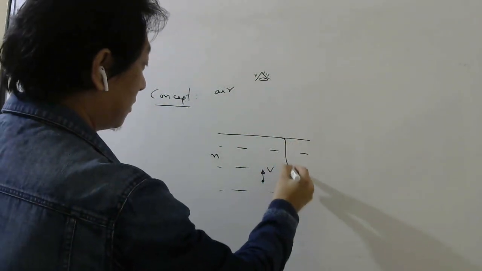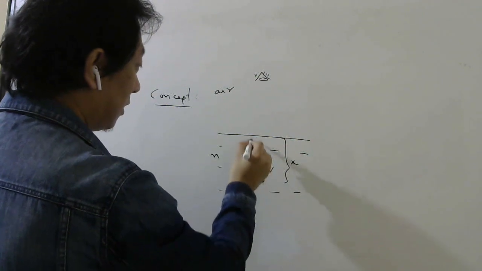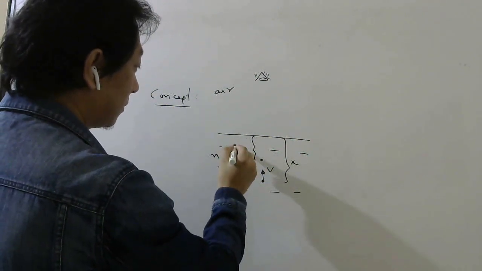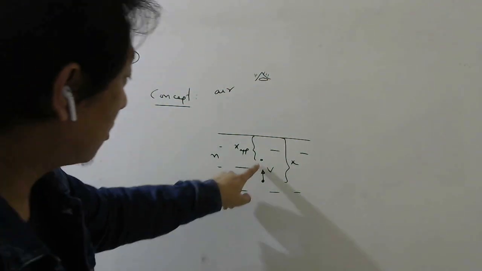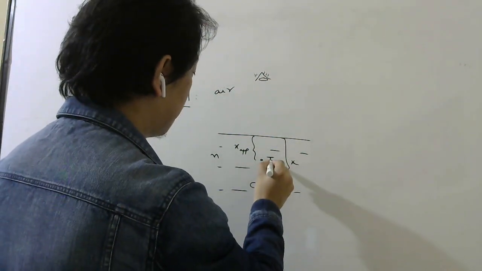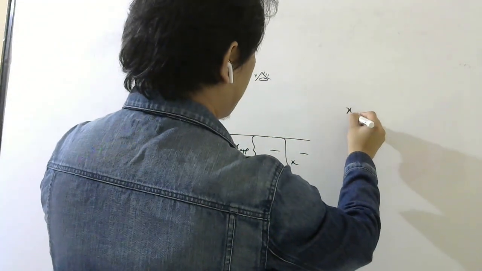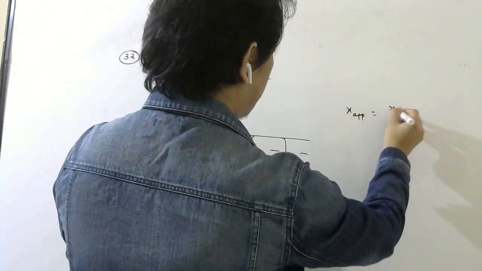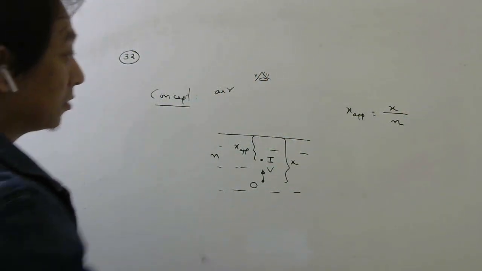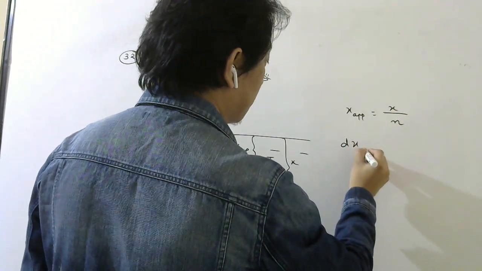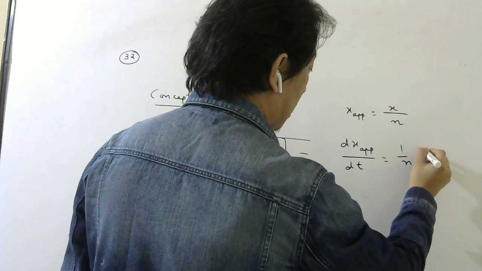When this observer will see this object, let us see why. See, this distance is x. But when he will see the image here, no? Yes or no? He will see the image of this object here. Correct? Okay. So what's the relation? X apparent is x by n, because this is air. So now if I take differentiation, I will get this.